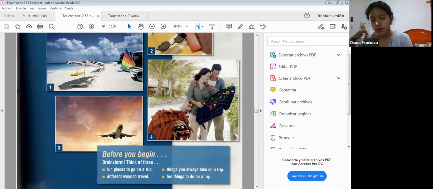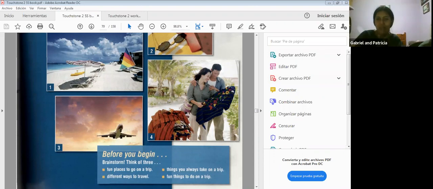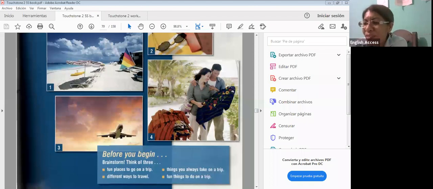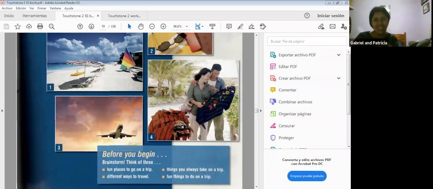Passport, glasses, and wallet. Okay. Patty? Cell phone, backpack, and comfortable clothes. Okay. And Gabi? Backpack, the cell phone, and money.